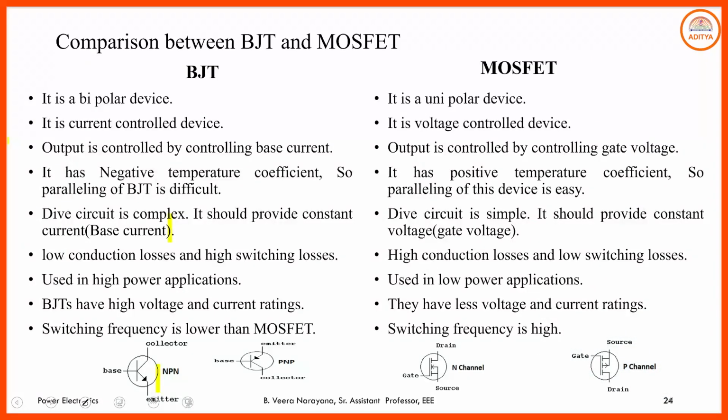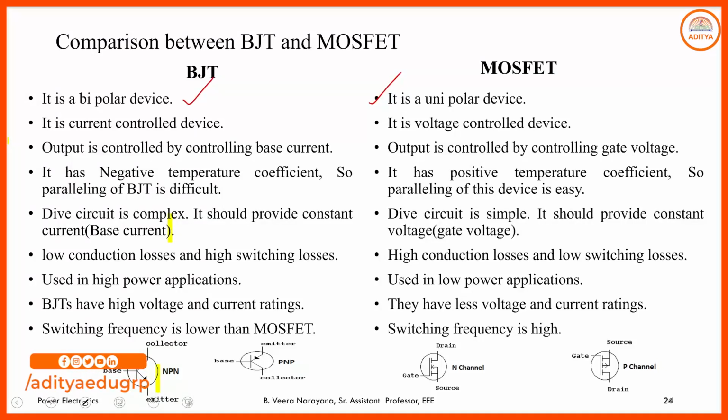If you go through the comparison between BJT and the MOSFET, here the BJT is a bipolar device. That means the conduction takes place due to the movement of both holes and electrons, and here MOSFET is the unipolar device. The conduction takes place due to the majority charge carriers only.